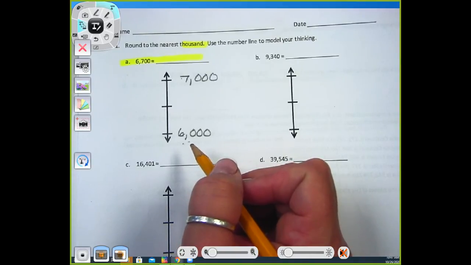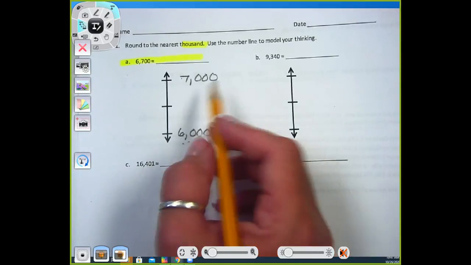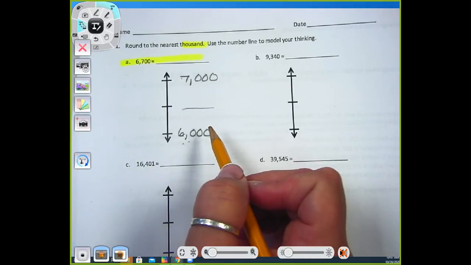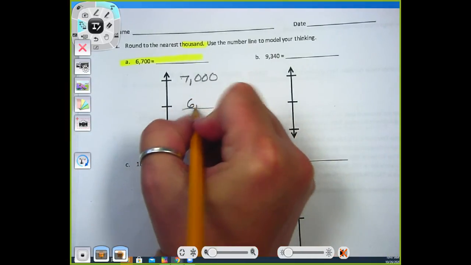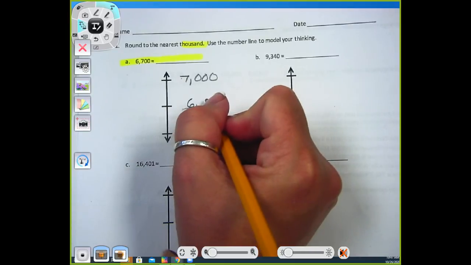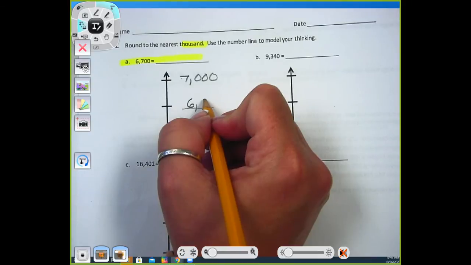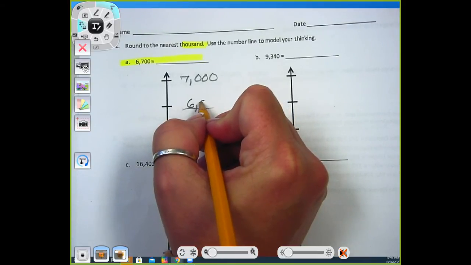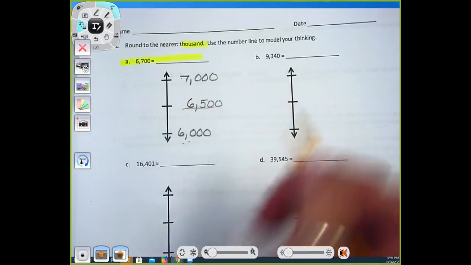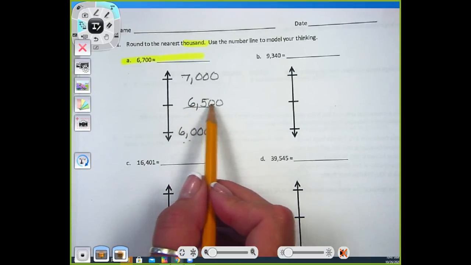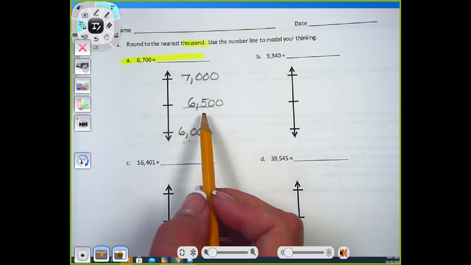Ismail, what's halfway in between? 6,030. I want exactly halfway. 6,500 would be halfway.